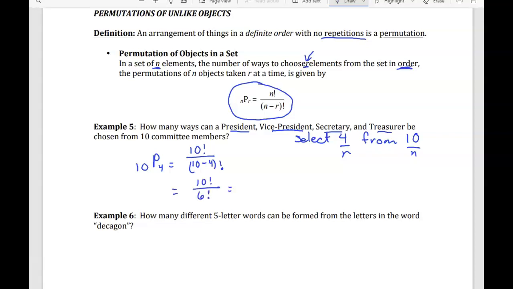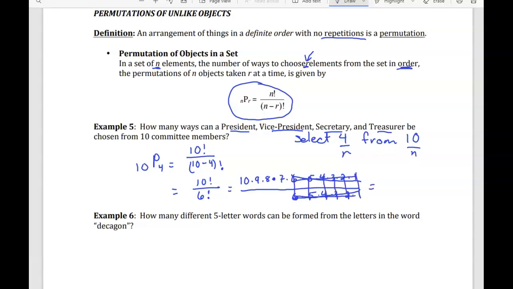And one of the things that you can think of here is 10 factorial is 10, 9, 8, 7, 6, 5, 4, 3, 2, and 1. 6 factorial is 6, 5, 4, 3, 2, and 1. These are all going to cancel out with these, right? Because you can simplify them one for one.